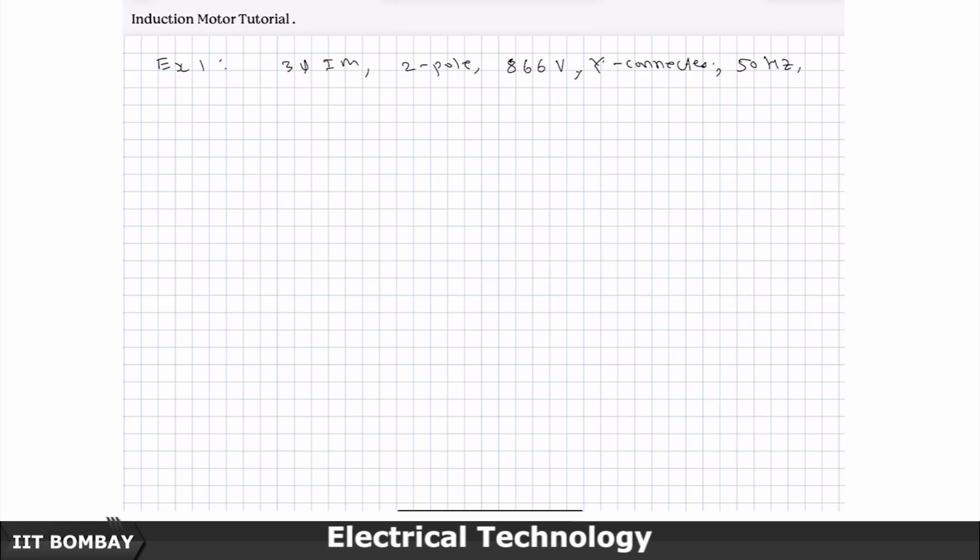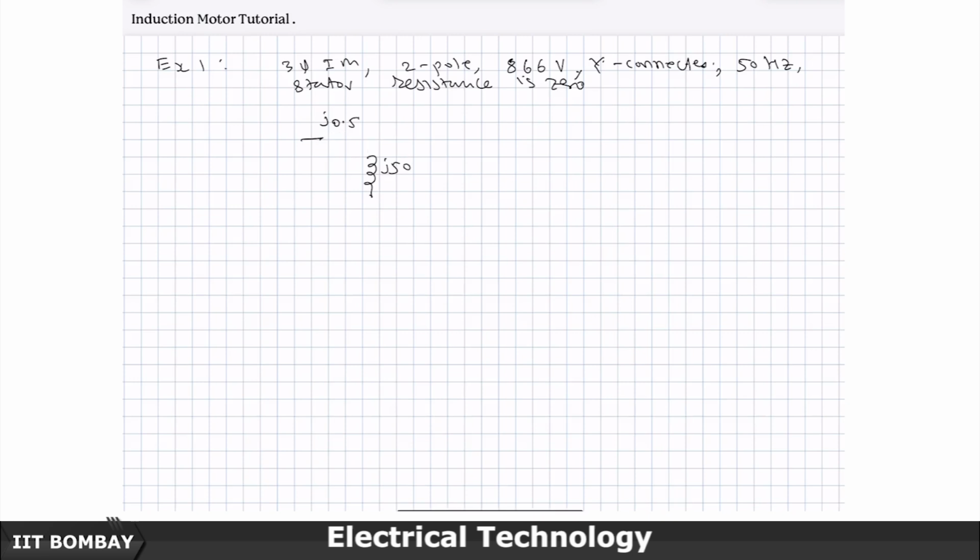And I am given that its stator resistance is 0, its stator leakage reactance x1 is 0.5, and its magnetizing impedance xm is say 50 ohms.